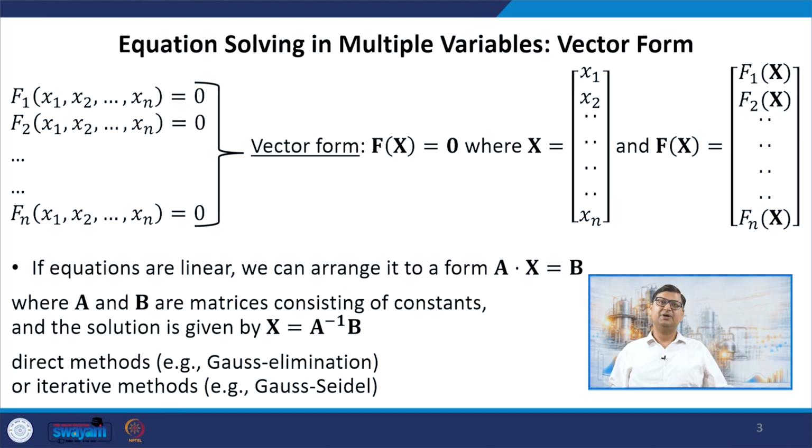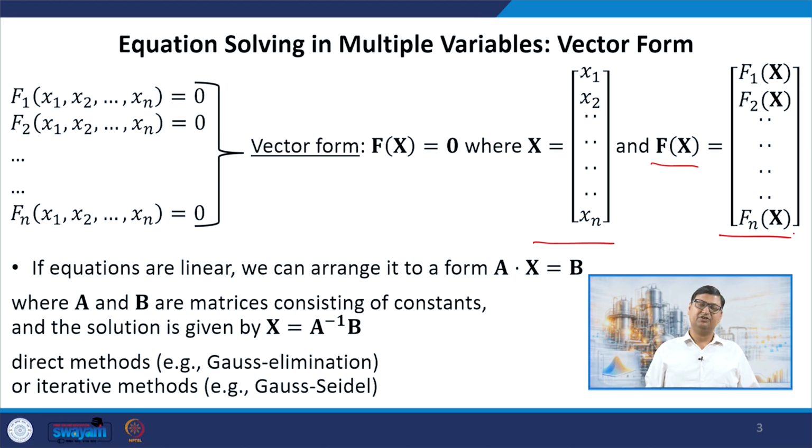So, as we discussed towards the end of the last class, if we have multiple equations in multiple variables, we need to write the equations in a vector form where x is now a vector of unknowns x1 to xn if we have n equations, and f of x is a vector of the functions f1 to fn.